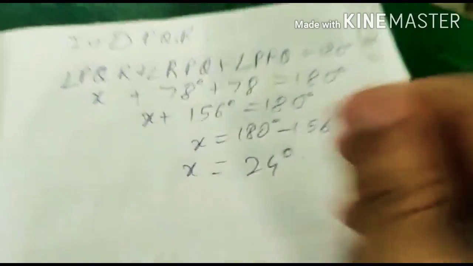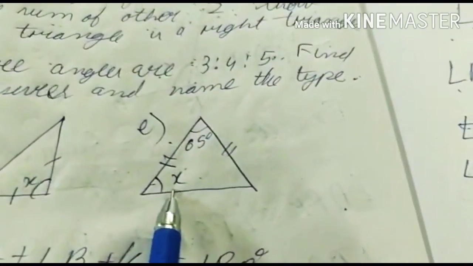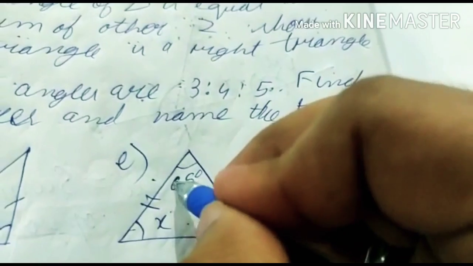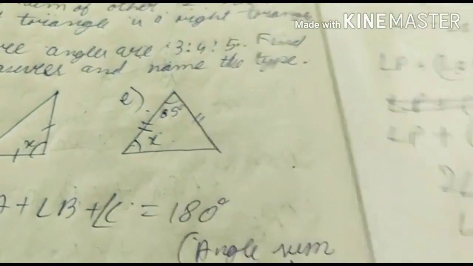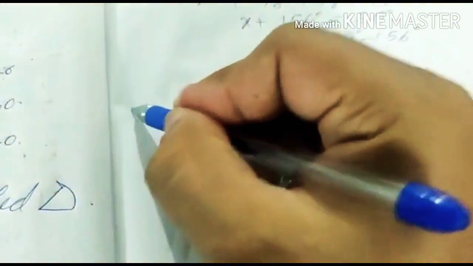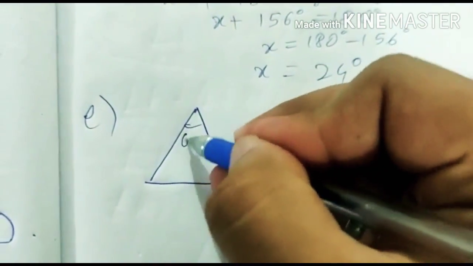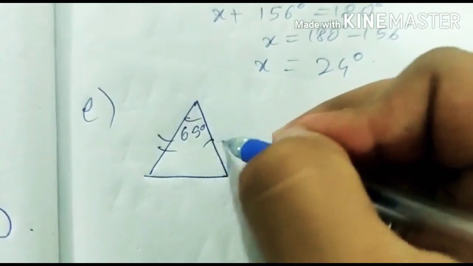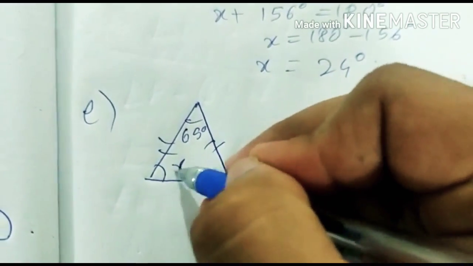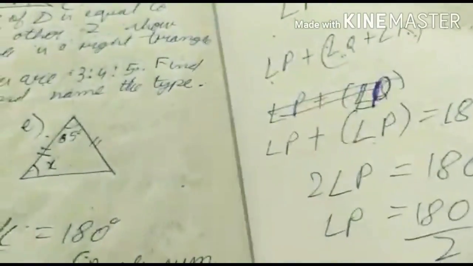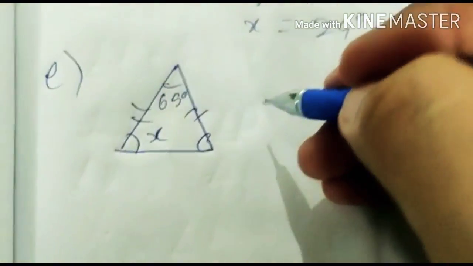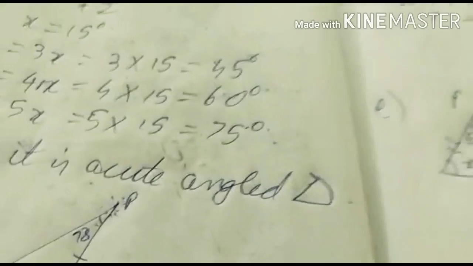Okay. So if we move to the next question, this is 65 degrees and we have to find the value of X. So drawing the image here for the E part, 65 degrees, X and this. We have to find the value of X. The name of the figure is ABC.